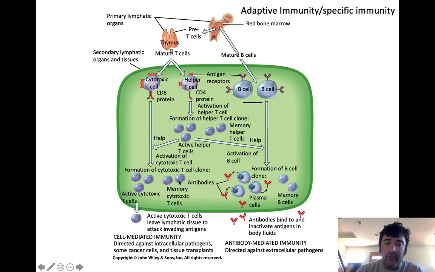So if you ever become infected with that particular pathogen again, your body will know how to deal with it. These active cytotoxic T cells, these T lymphocytes, then attack invading pathogens, but they do so by destroying cells. So once a virus, let's say like a coronavirus, infects a human cell, right?